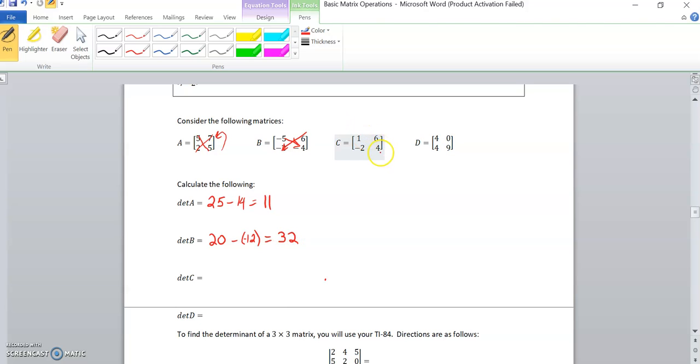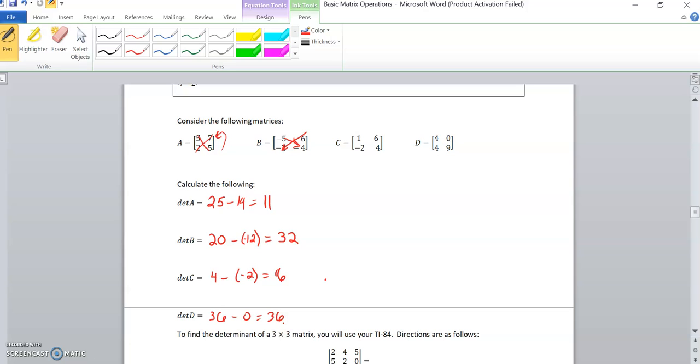C, so 1 times 4 minus 6 times negative 2. For some reason on my document, determinant D is on a new page down here, but it's 36, so 9 times 4 minus 0, so that's 36.